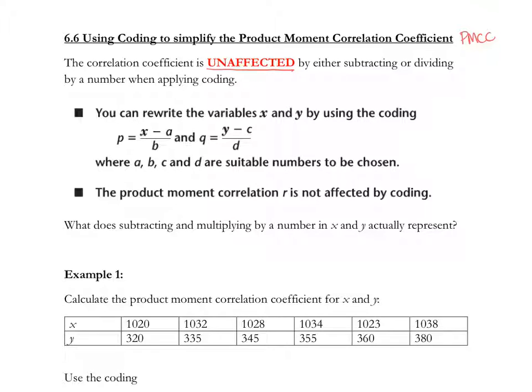And remember, coding was used to simplify the numbers, that's all. So what does subtracting and multiplying by a number in x and in y actually represent? Well, subtracting moves either x or y on their axis, and multiplying just changes the scales. That relates to the transformations within C1 that we've done, transformations of curves.